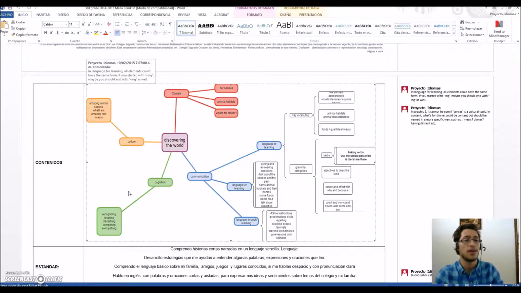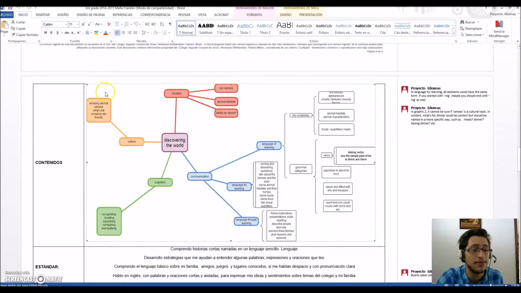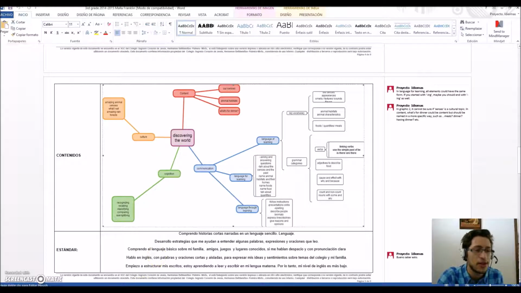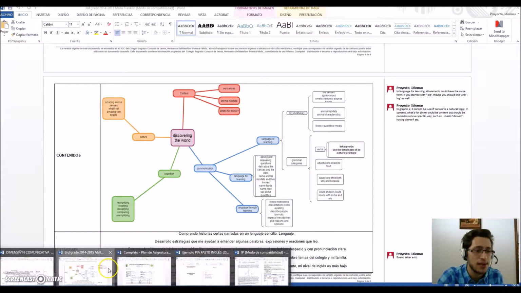So you say, in the second term, students are going to see this in content, this in culture, this in cognition, and this in communication. Again, we are going to review the categories later on. But my point here, and I hope I'm not repeating it too much, is that the 4Cs need to be developed here in the plans, okay? I want to show you another example.